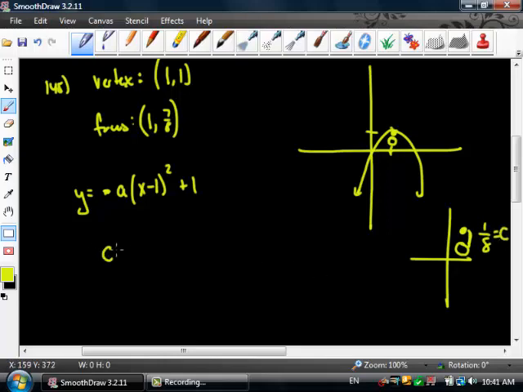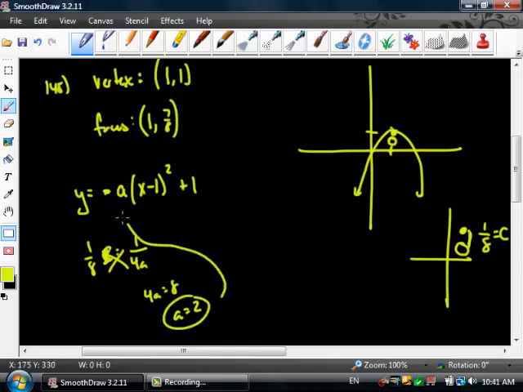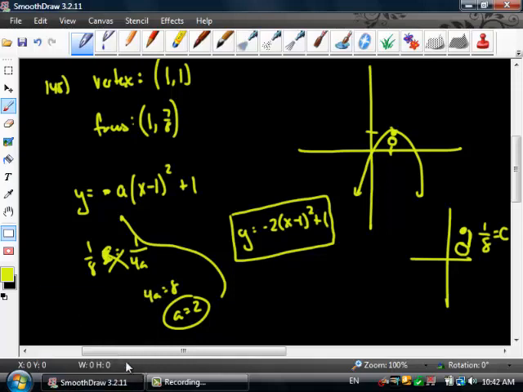So we say c equals 1 over 4a. Well, in this case, c is 1 eighth. So go ahead and just cross multiply. See what you get. 4a equals 8, a equals 2. You pump 2 into here, but since it's negative, it's going to be y equals negative 2, x minus 1 squared plus 1. All right, that's 145 for you.